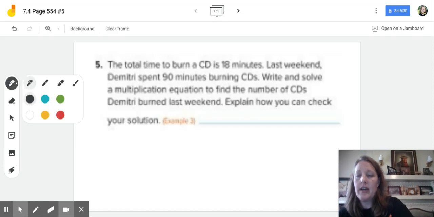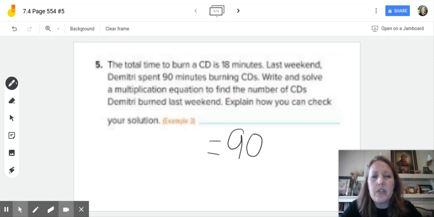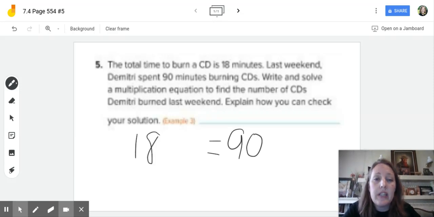All right. So I'm going to use that, and I'm going to use an equal sign and 90. Okay. What would be equal to 90, right? It would be 18 minutes times however many CDs Dimitri was able to burn, right?